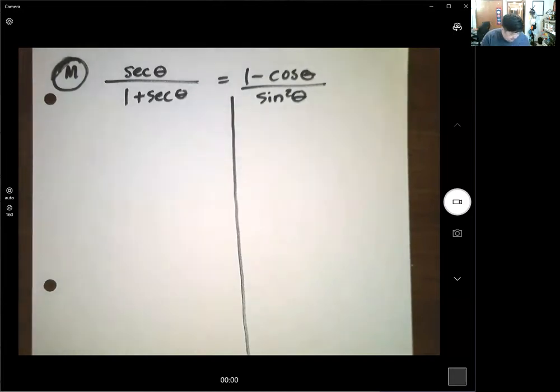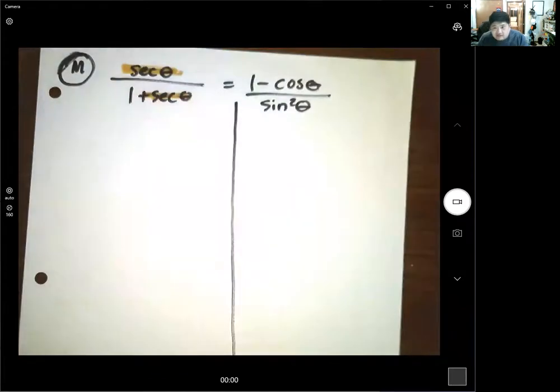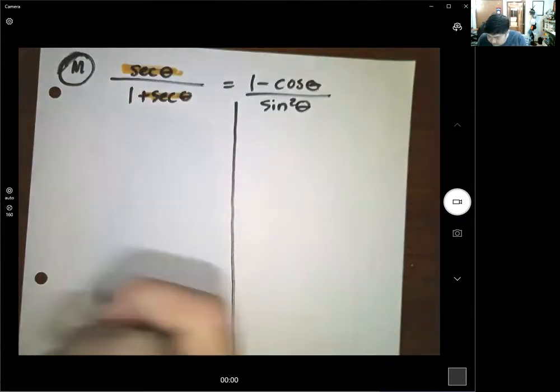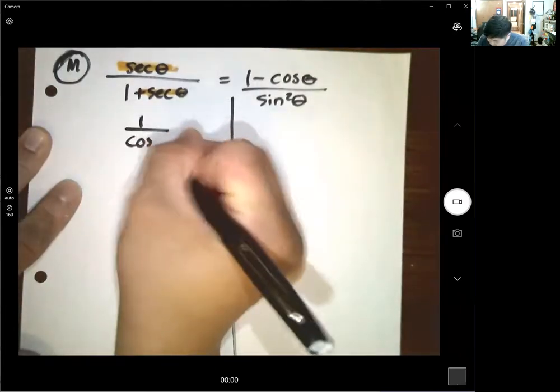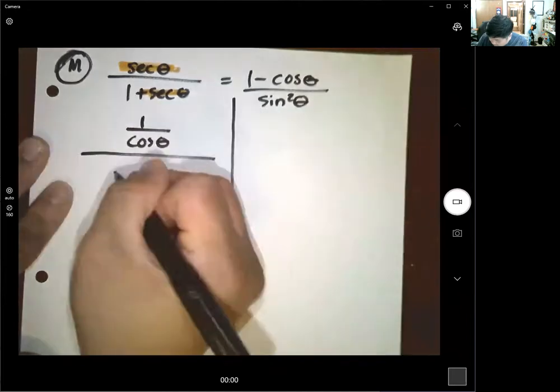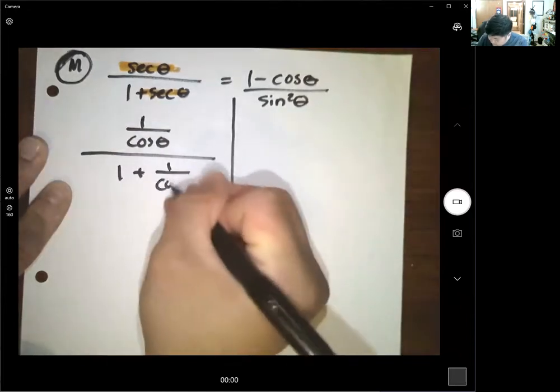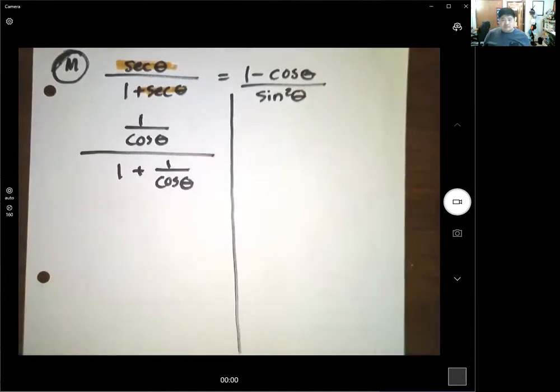All right, so let's look at this one, and I'm going to just start with the same technique as usual of changing to sines and cosines. So the secant of theta is 1 over cosine of theta, then a double fraction 1 plus 1 over cosine of theta.